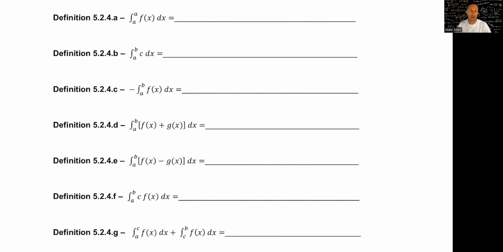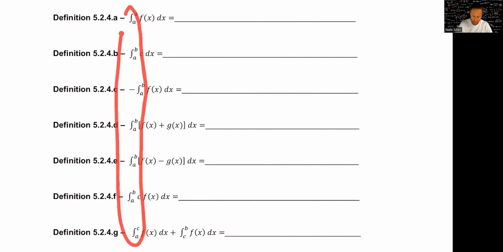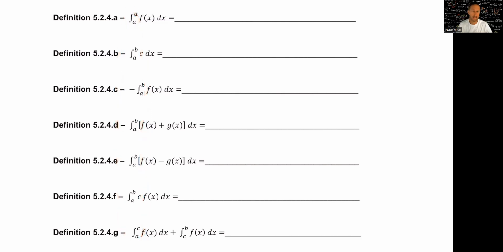So do me a favor, pause it right here, see how much of this that you can reason through, knowing that this symbol means not just the antiderivative anymore, that integral, it means the area under the curve. For this one, from there to there, there to there, there to there, of these different things. So do yourself a favor, pause it here, and see if you can't come up with what the results would be before I give them to you.